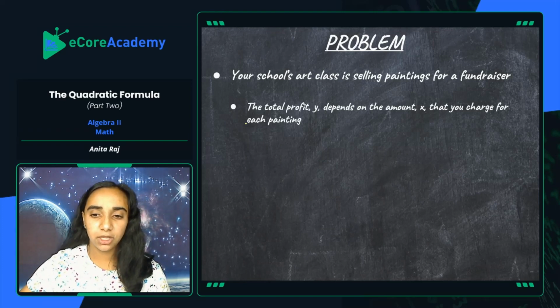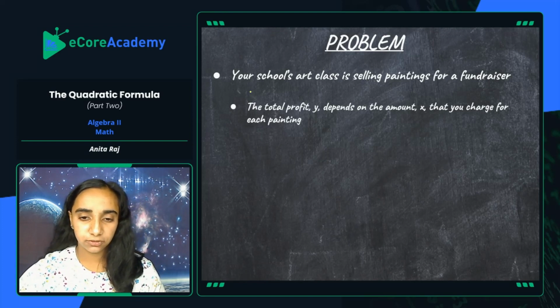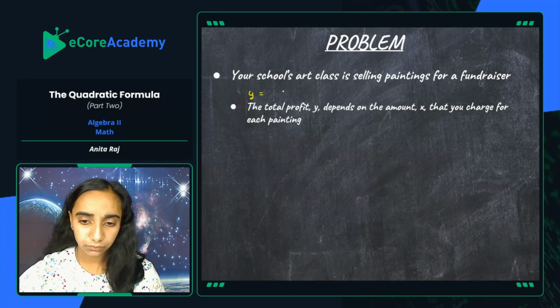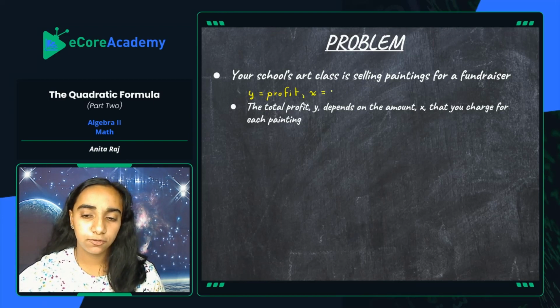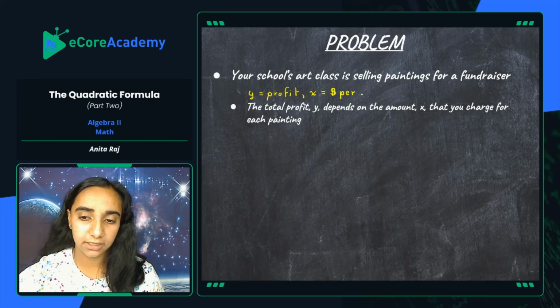So these are going to be your Y and X variables. So Y, I'm just going to write it up here. Y is equal to the profit, and X is equal to the amount of money you charge per painting.